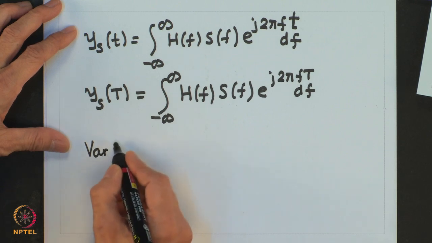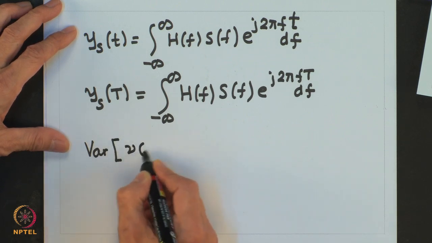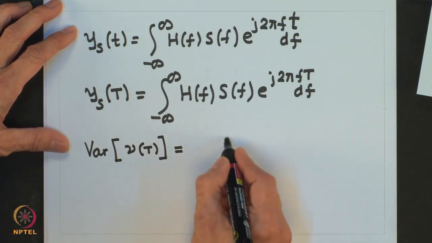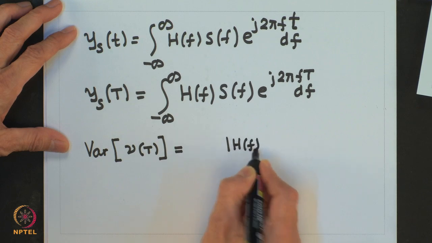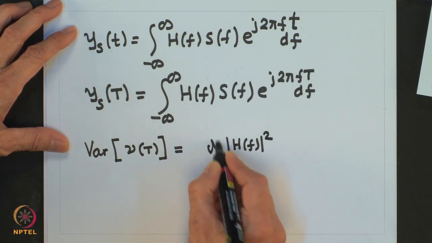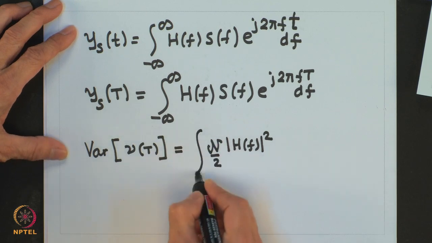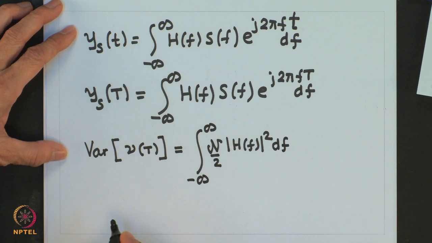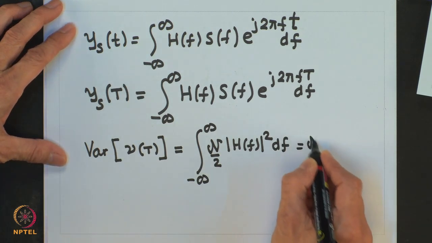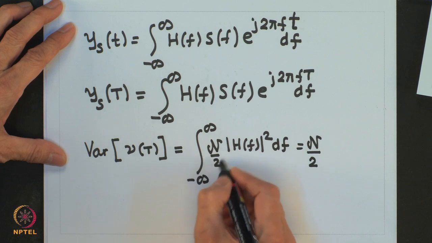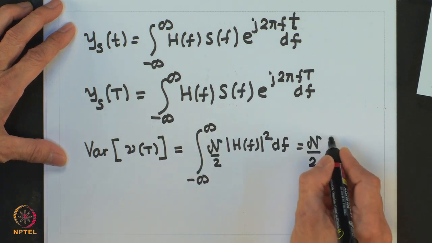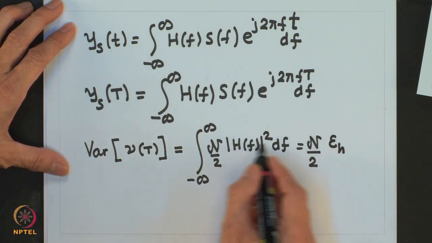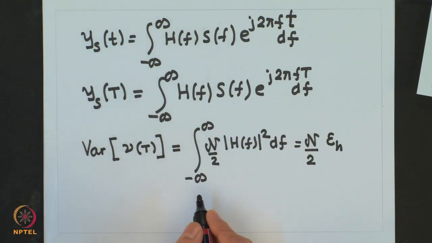So, the variance of my noise is going to be the power spectral density, that is the magnitude of HF squared multiplied by the input power spectral density, and I have to integrate this over the frequency range. So, this is the value which I will get. This is equal to nothing but N0 by 2, as I am assuming white noise, times EH, where EH is the energy in the impulse response ht.